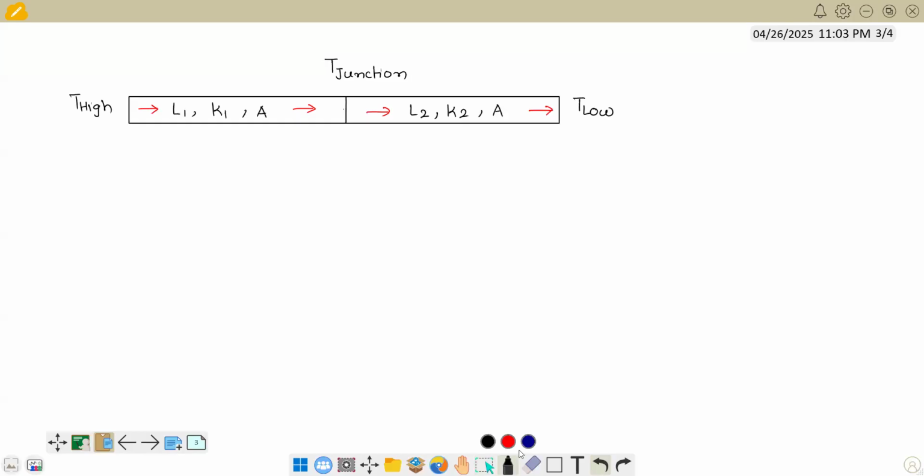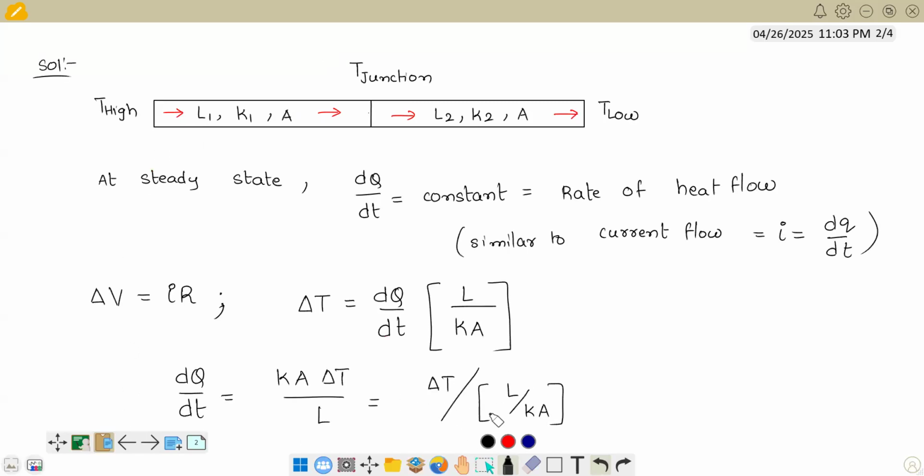Now imagine the heat is flowing from this end to this end. When you use this formula, we can only use it for a given rod. For a given rod, dq by dt is this. If you want to use it for a composite rod, you have to find something called K effective. We'll come to that later.